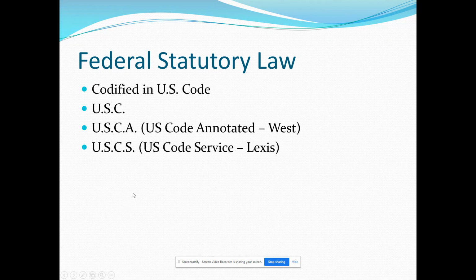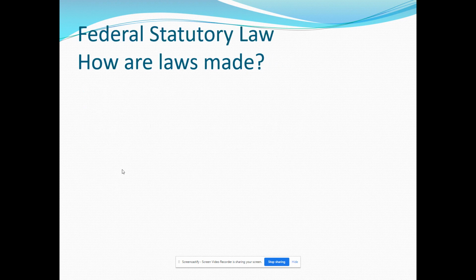You have the text of it, then your historical notes on what's happened to the statutory section through time, and in the volumes where a publisher is associated with it, you're going to have those annotations, and those annotations will be helpful for you in furthering your research.